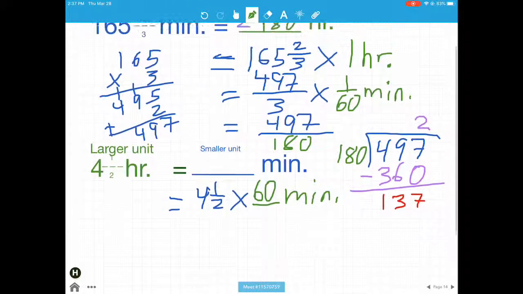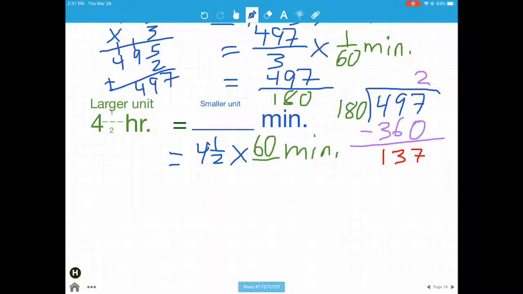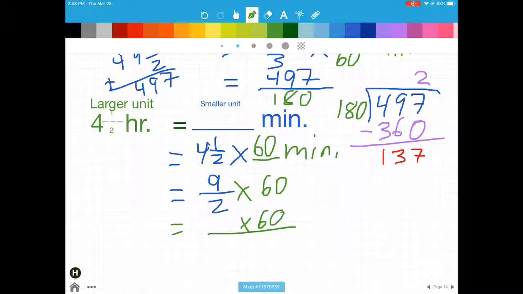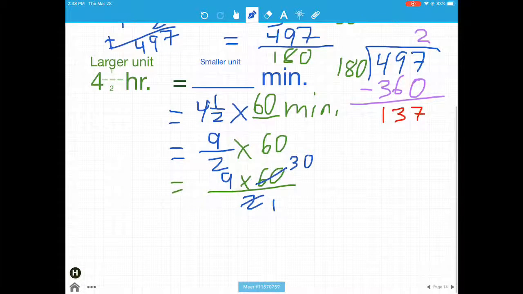All right, we're going to change our 4.5 hours into an improper fraction. That's 9/2. We're going to multiply that times 60, which will give us 9 times 60 over 2. Now, hopefully you can see that we can divide by 2 and get 30. Here's 1.